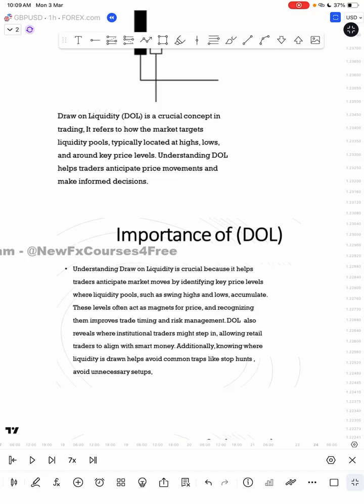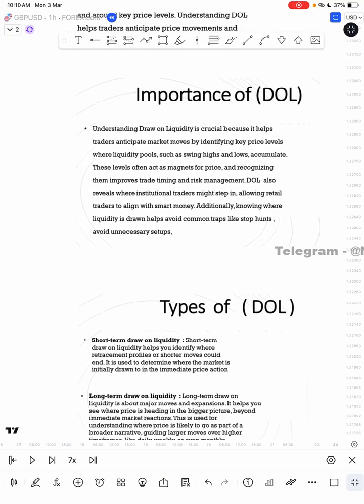Draw on liquidity also reveals where institutional traders might step in, allowing retail traders to align with smart money. Additionally, knowing where liquidity is drawn helps avoid common traps like stop hunts and unnecessary setups.